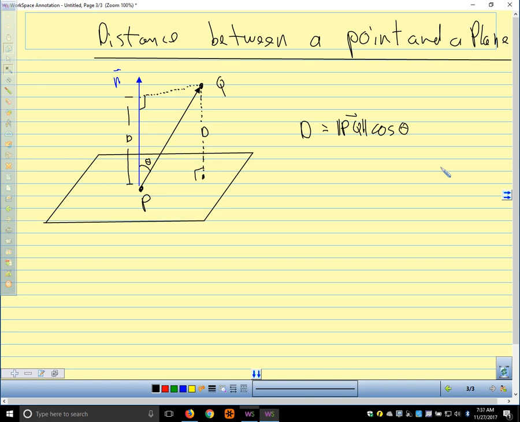Well, what is this a piece of? Projection. That's the magnitude of the vector projection, right? This is the magnitude of the projection onto the normal vector of PQ, and we can also think of this as a portion of what?